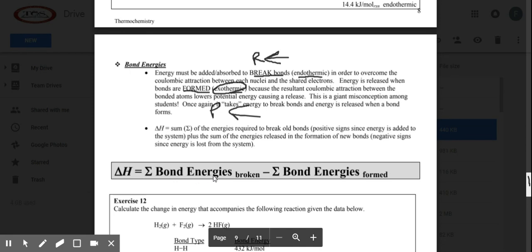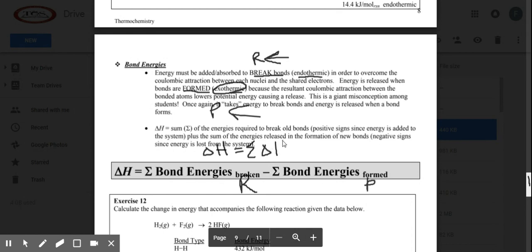So when we are dealing with bond energies and we can figure out the delta H of the reaction, we've got to say, what is the sum of my bond energies broken? What is the sum of my bond energies formed? Remember, broken is in the reactant side, and bond energies formed, that's in my product side. If you notice, this is the equation that is opposite of Hess's law.